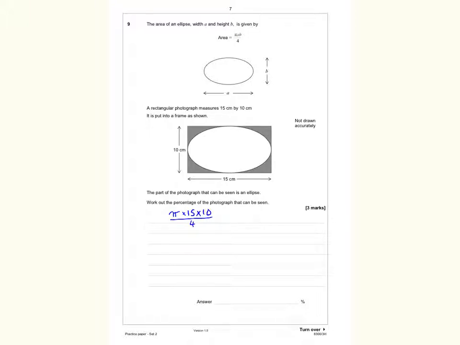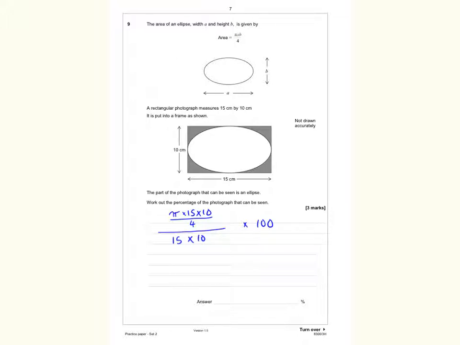Okay, and then all of that divided by 150, or 15 times 10. Okay, and that will give me the decimal, and if I was to times that by 100, that will give me the percentage of the photograph that can be seen. So this is the area of the ellipse that I have here. Then that needs to be divided by the area of the photograph, and then if I was to multiply that by 100, that will give me the percentage.